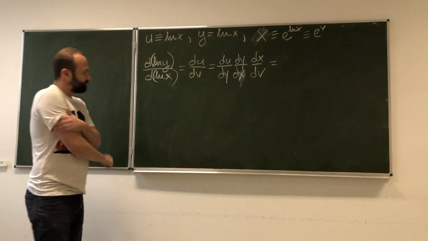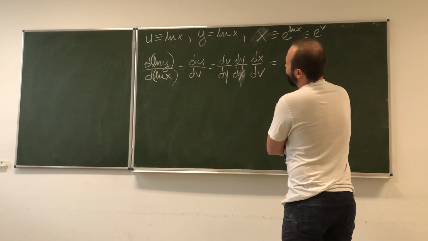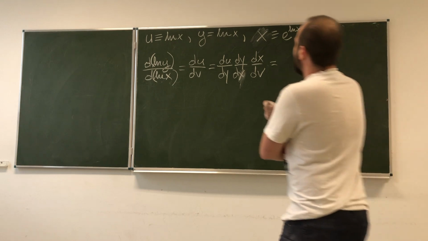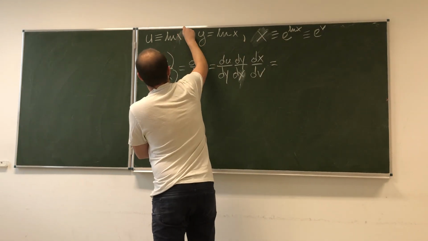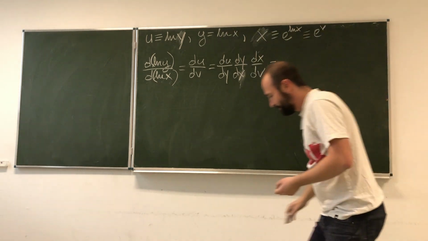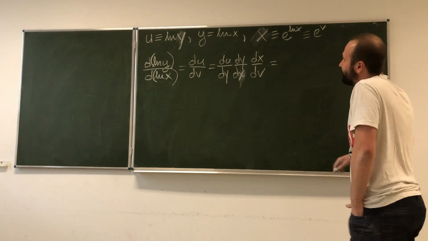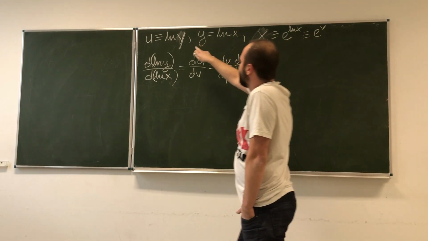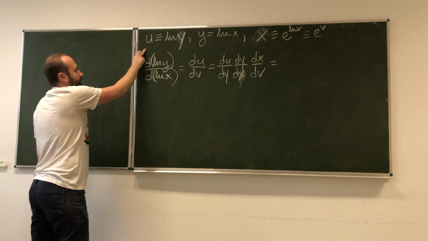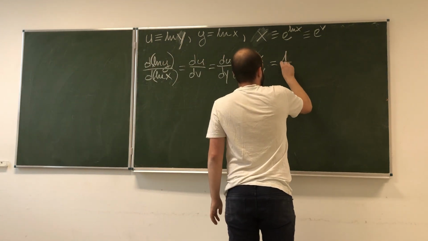Okay, and now let's write what we are getting. First, over here, du dy. Okay, u is equal to, oh my god, I'm sorry. It should be ln y over here, of course. It should be ln y from the beginning. My bad, sorry. So, the derivative of u with respect to y is simply 1 over y.